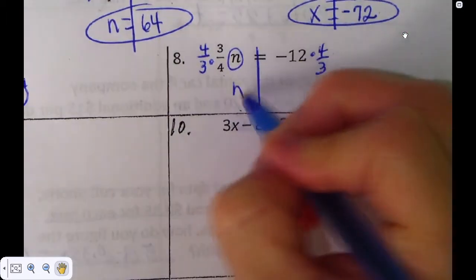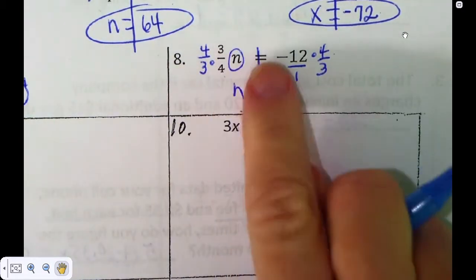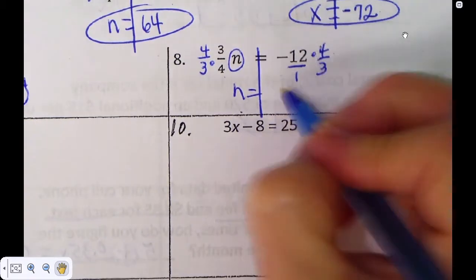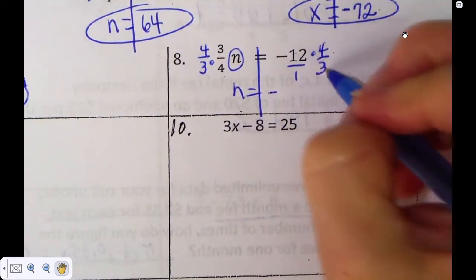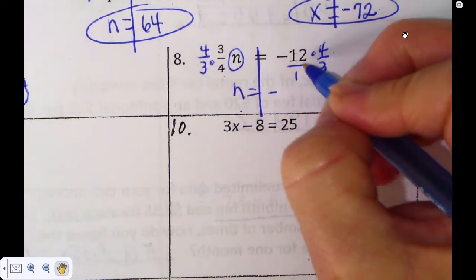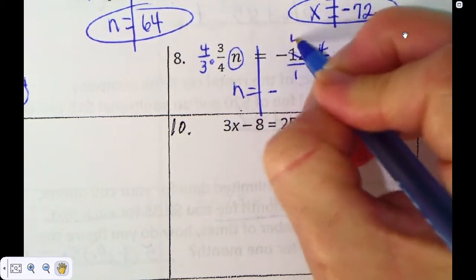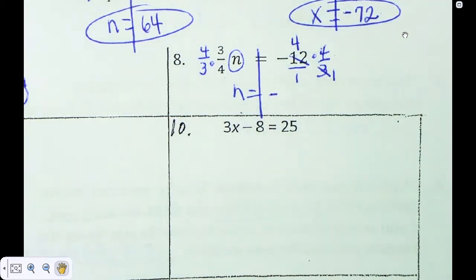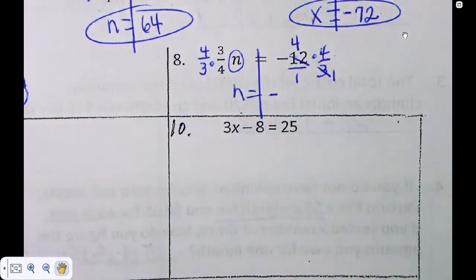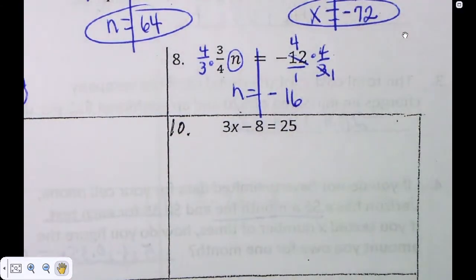So, put over 1. Hey, what is a negative times a positive? A negative. Good. And then what goes into 3 and 12? Well, 3 goes into both of them, right? So 3 goes into 3 once, 3 goes into 12 4 times. 4 times 4. So it's going to be 16, isn't it? Over 1. Negative 16.